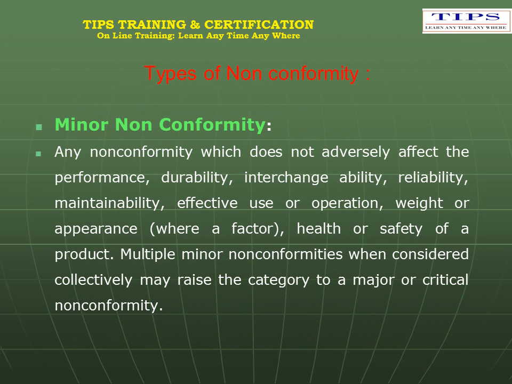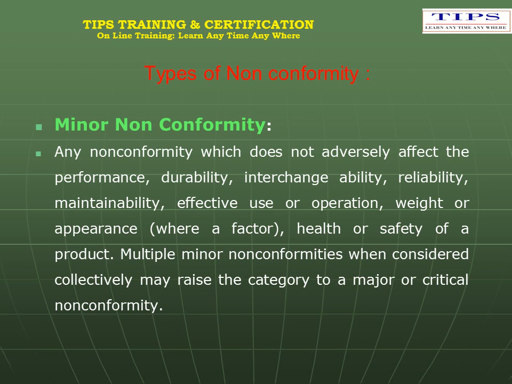Now the types of non-conformity. A minor non-conformity means any non-conformity which does not adversely affect the performance, durability, interchangeability, reliability, maintainability, effective use or operation, weight or appearance, health or safety of a product.